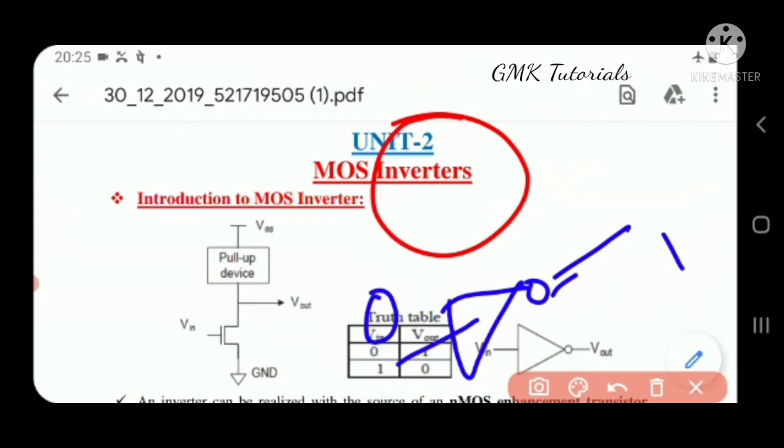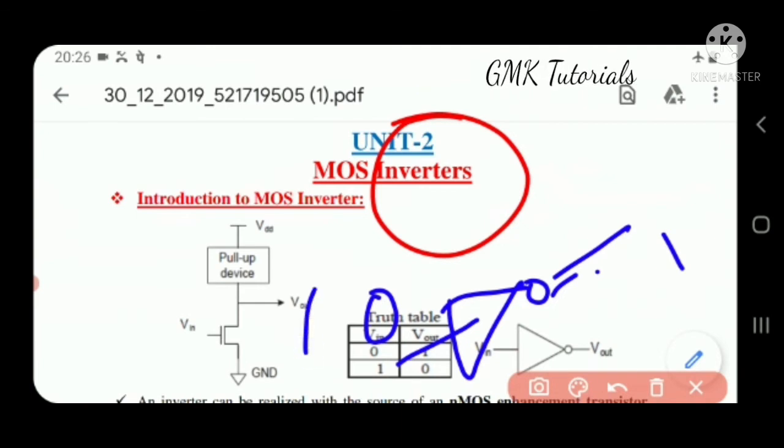If the input value is 0, the output value is 1. If the input is low, the output is high. You can simplify it in one word: inversion. It produces a complemented output.